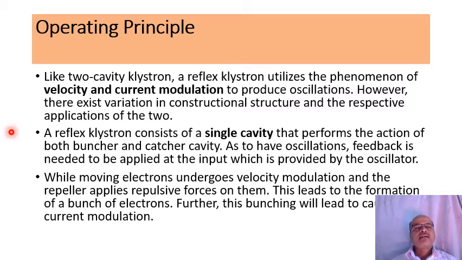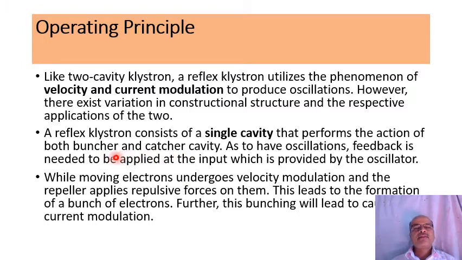Operating principle: like a two cavity klystron, the reflex klystron utilizes the phenomena of velocity and current modulation to produce oscillations. However, there is variation in constructional structure and the respective application of the two. A reflex klystron consists of a single cavity that performs the action of both buncher and catcher cavity.